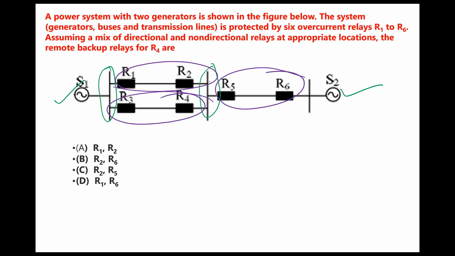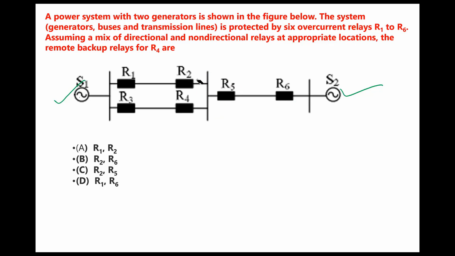All are protected by how many relays? 6 relays. So he's asking, assume the relays are directional and non-directional relays at appropriate locations. The remote backup of relay R4 is... suppose if relay R4 fails, then what are the remote backups for this R4 relay?